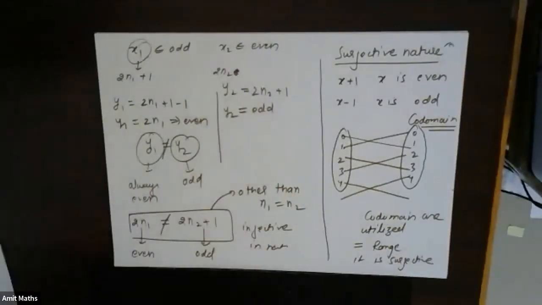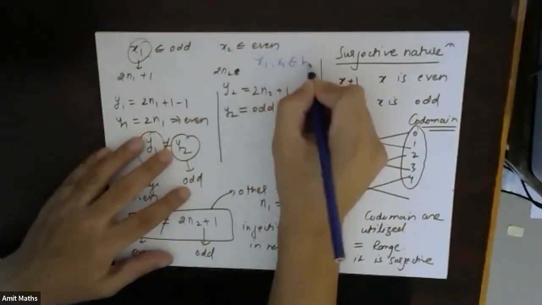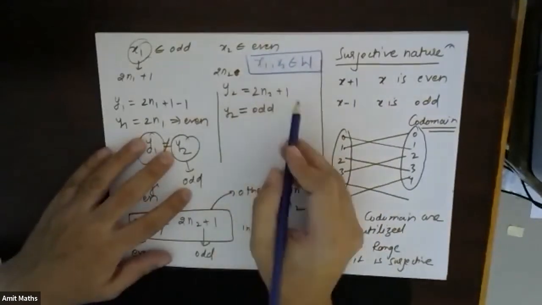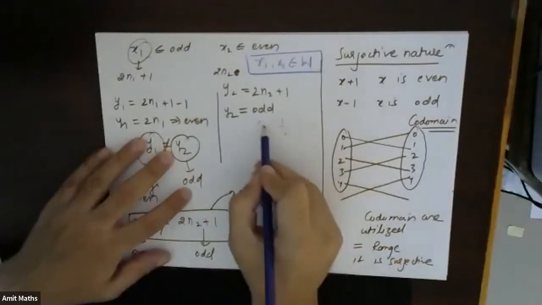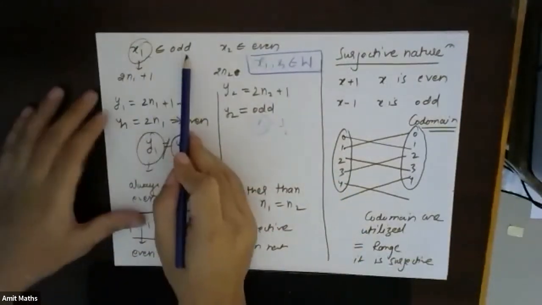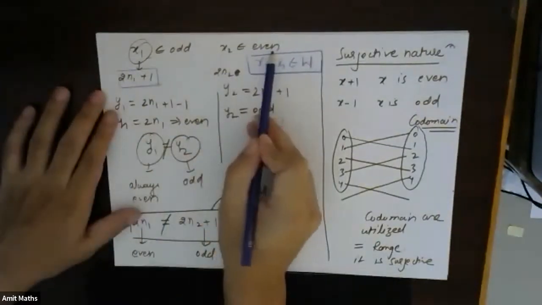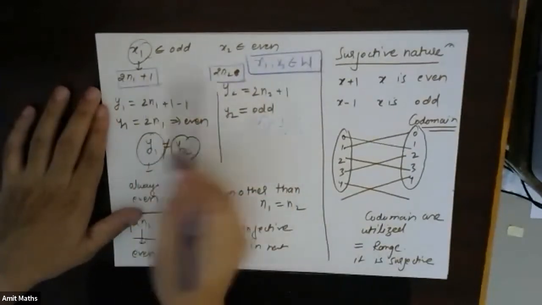Both x1 and x2 belong to whole numbers, so you cannot get x1 as 1 by 2 or 1 by 3 or anything. You should get whole numbers. I have taken x1 as odd, so it will be of the form 2n plus 1, and x2 as even, so it will be of the form 2n. I have substituted this in the function.